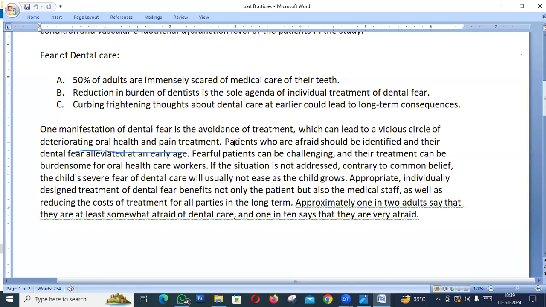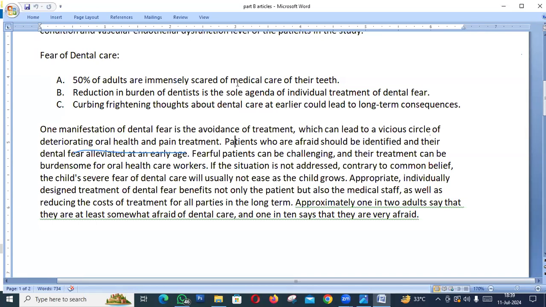It's actually the opposite. The reduction in dental fear with individual treatment will lead to decreased burden. Over here it says that fearful patients can be challenging and their treatment can be burdensome. So how come reduction in burden of dentists is the sole agenda?